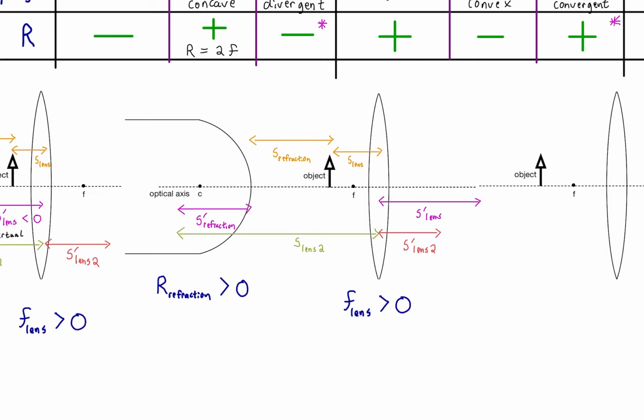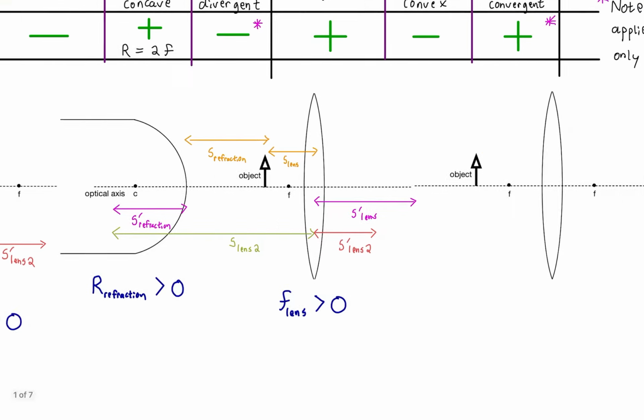But in this case, I'm assuming that this is air around here and glass over here. So in that case, you would get a real image formed within the refracting material. Then that real image, which would be inverted, of course, would act as the object for the converging lens, and that would then form another real image over here, but closer to the focal point, because the image acting as the object for the converging lens and the secondary image formed is much further away.